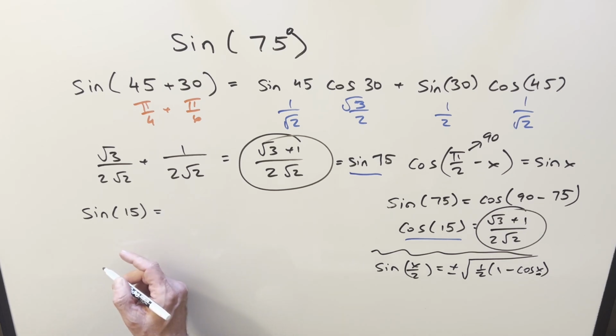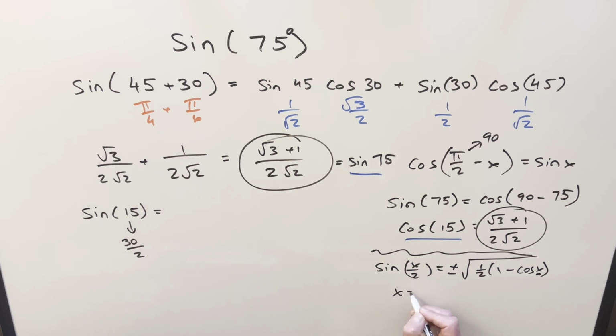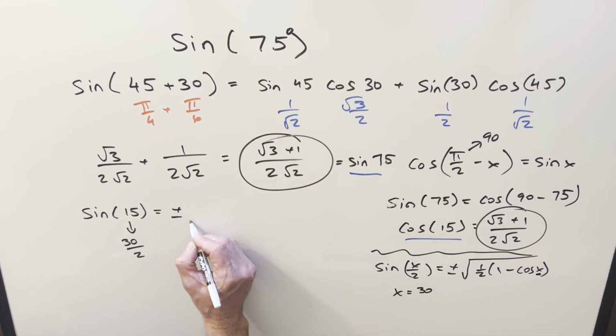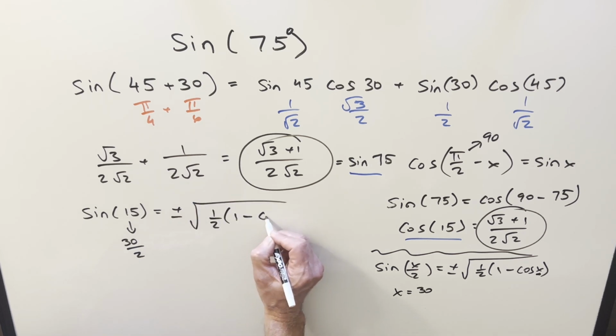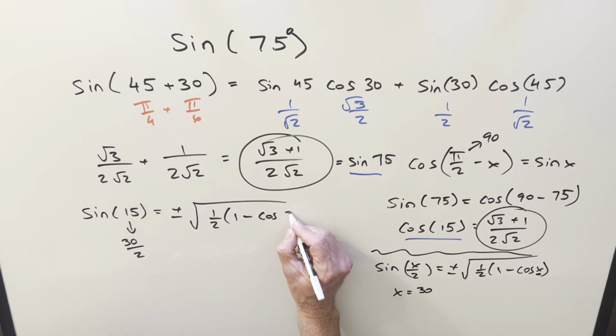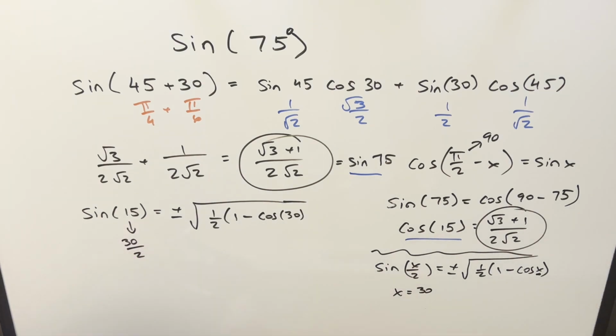For sine of 15, we could write 15 as 30 over 2, right? And then our x value is going to be 30. So plugging in, we have plus or minus square root of 1/2, 1 minus cosine of 30. But now, plus or minus, I'm just going to drop that.